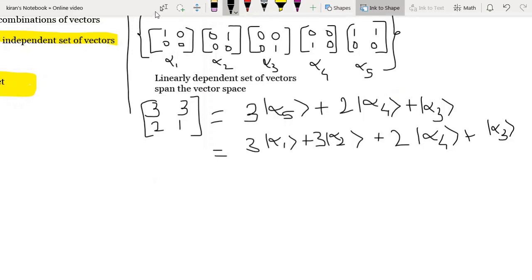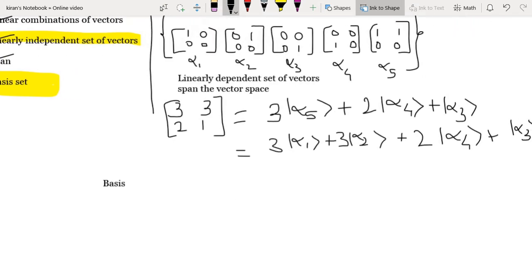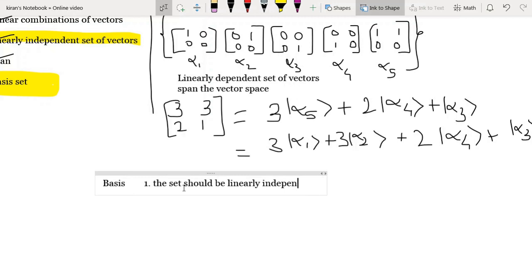Now let's talk about an example of basis. We have discussed examples, and we have discussed span. We will be discussing using the same 2 by 2 matrices. The requirement for a basis is that, first, the set should be linearly independent.